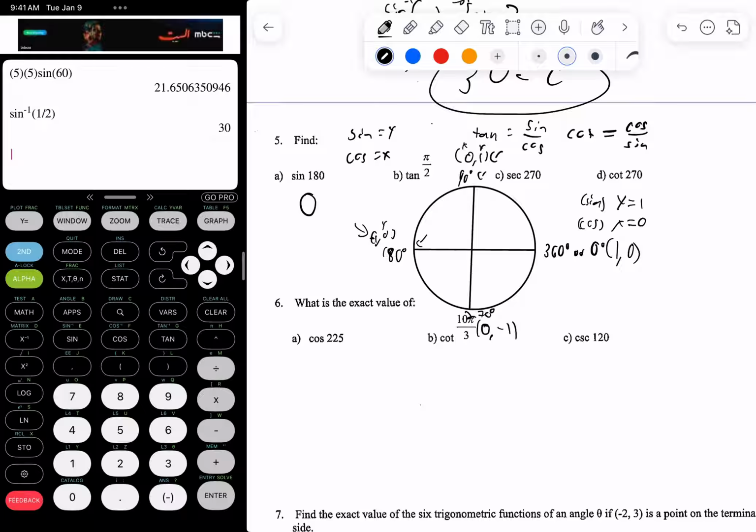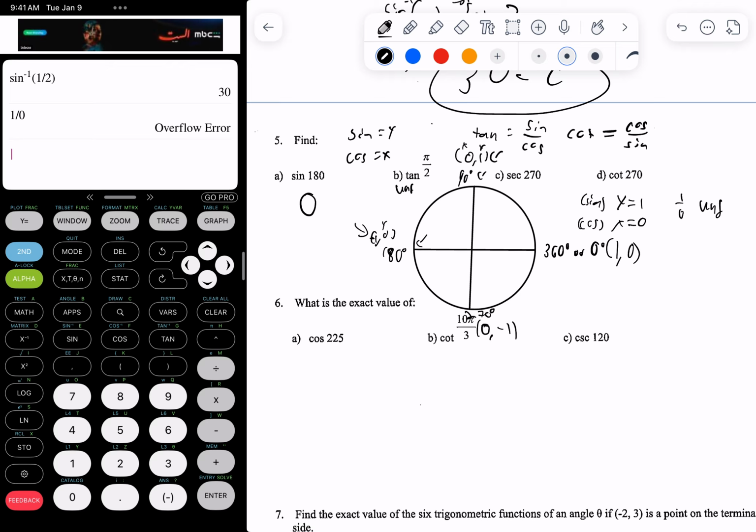So tangent is sine over cosine, which is 1 over 0. It is undefined because whenever you have a number divided by 0, it's undefined.